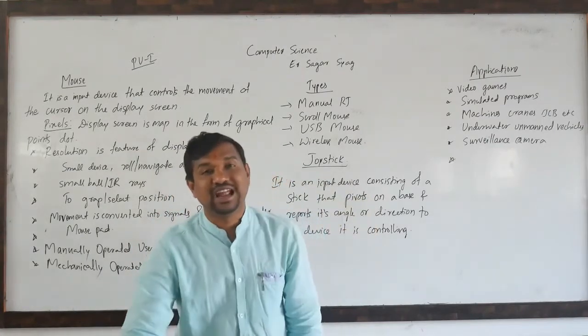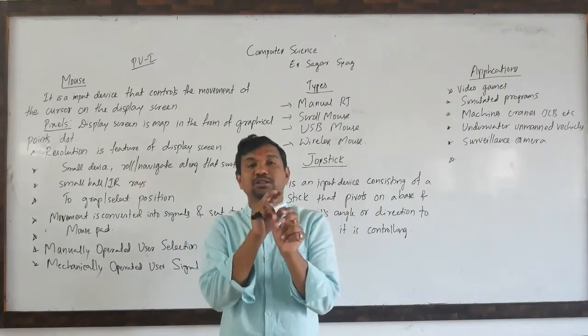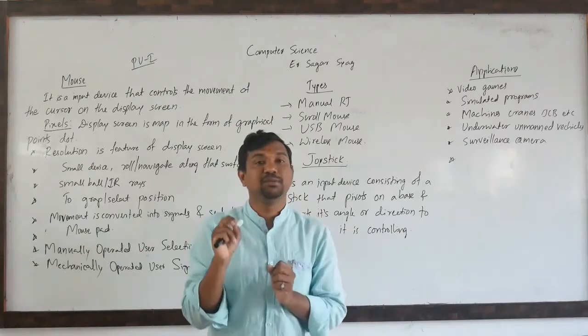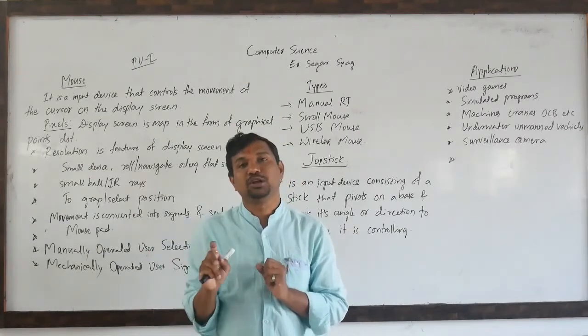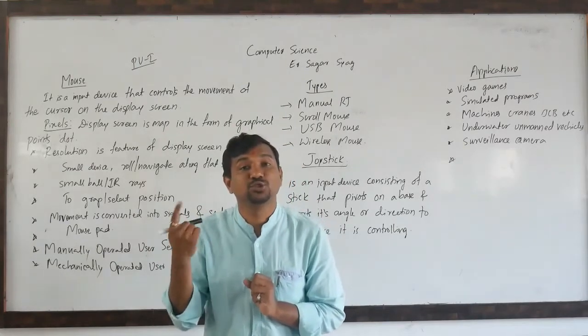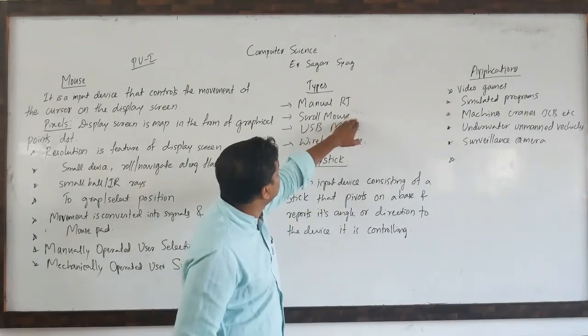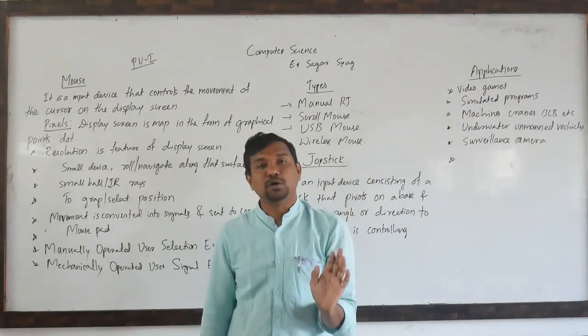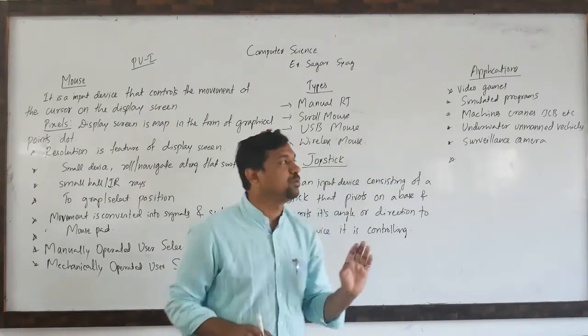In that one, tiny needles will be there, and they make some caps that will be inserted and connected into the computer. So that is called a PS2 port. Till here, the PS2 port concept is there for mice to connect to the computer.